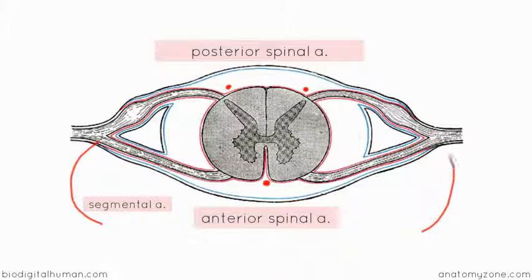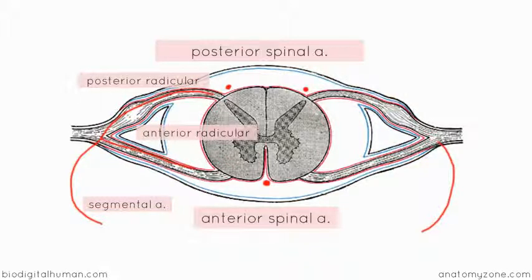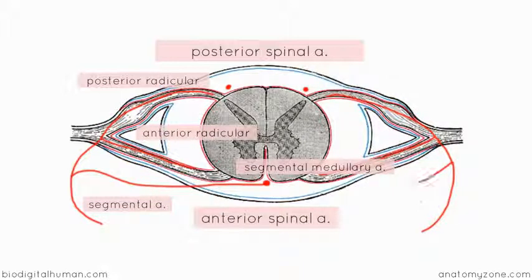So the segmental arteries on either side, and the segmental spinal arteries divide into posterior radicular arteries and anterior radicular arteries. And then we also discussed that at some vertebral levels you've got the segmental medullary arteries directly given off from the segmental spinal arteries to join the vertical arteries.